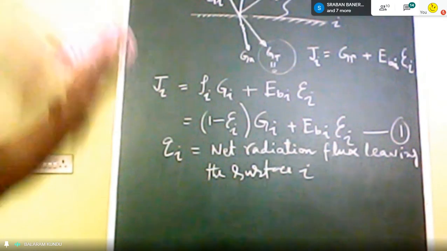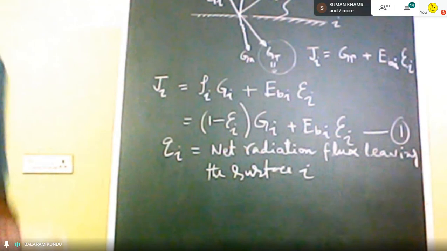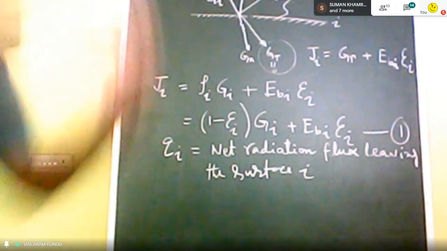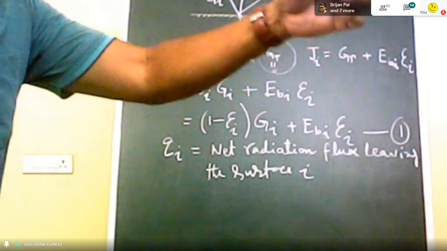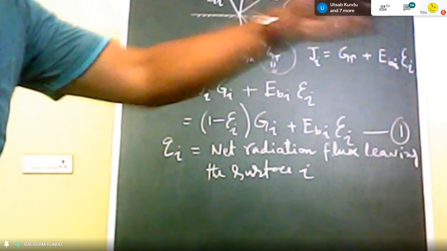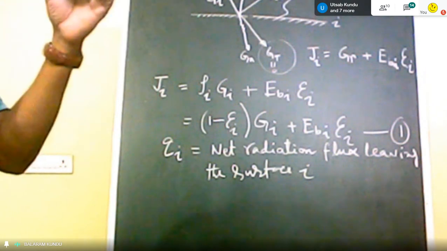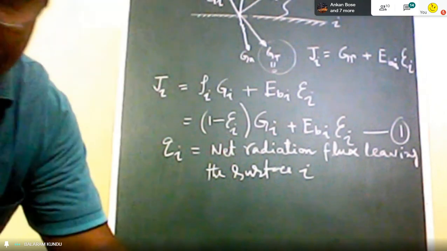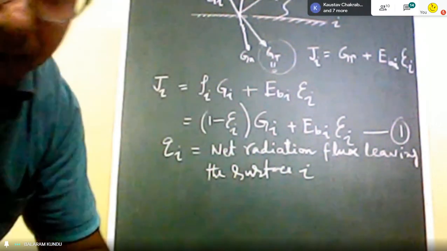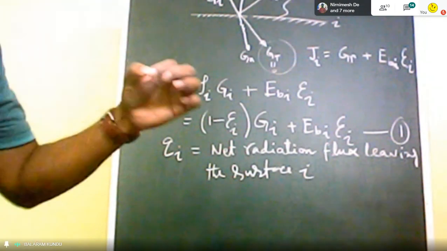So a relationship should be there between Ji and Gi. The net radiation flux leaving the surface I should be equal to the total radiation flux leaving the surface I minus the incident flux.